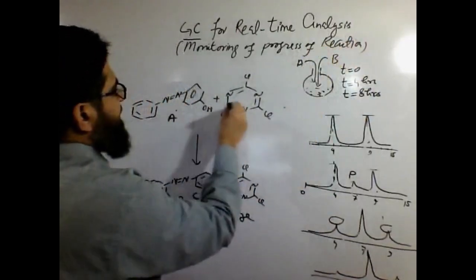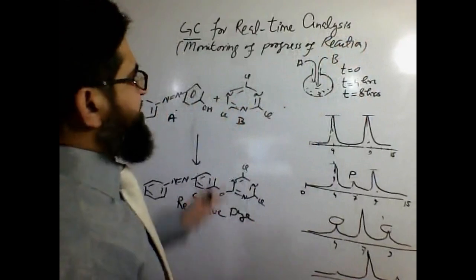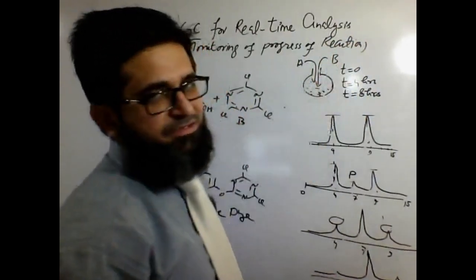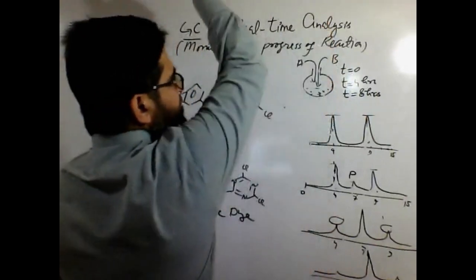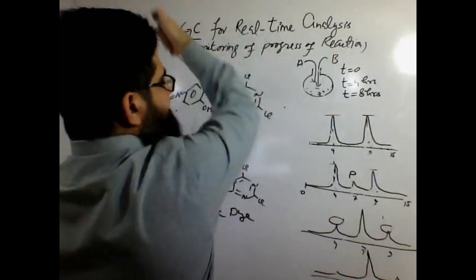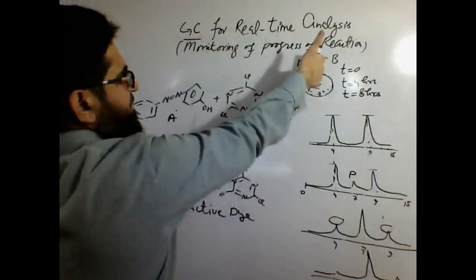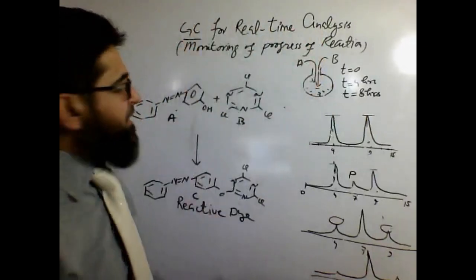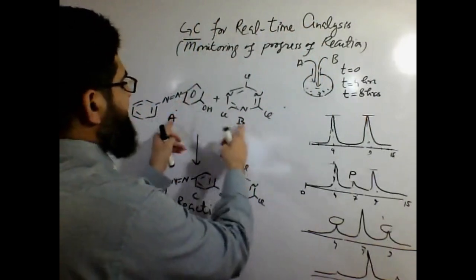So A and B will be reacting with each other. When the time is 0, they both have just been put into the flask. At time 0, we can take a sample from the mixture and inject it on the GC, as A and B two reactant entities.